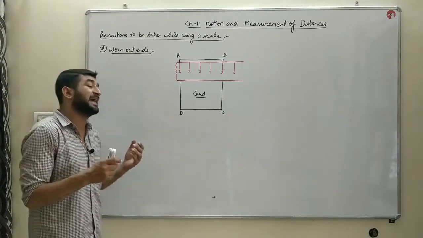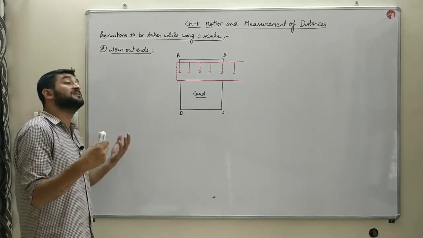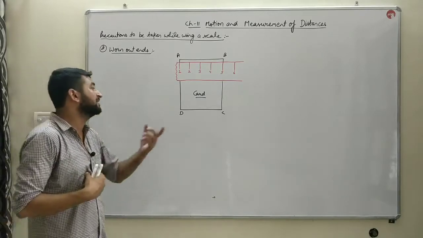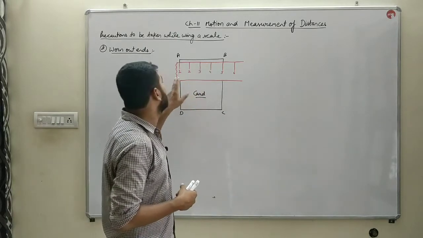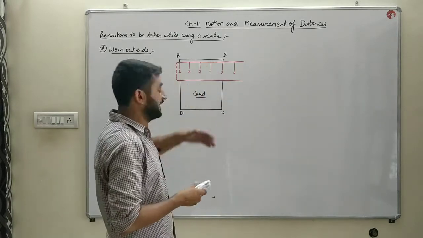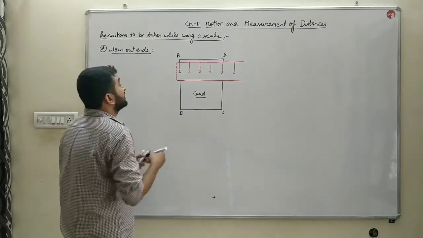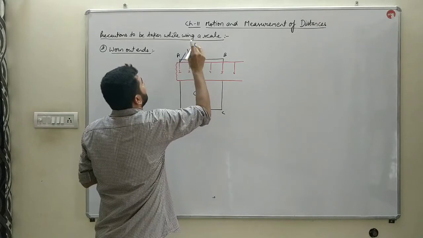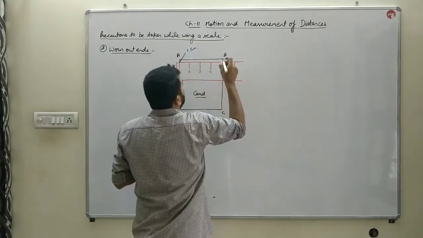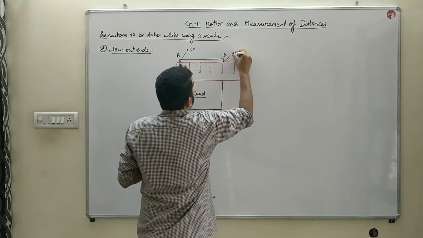So in that case, we have to place another distance at the starting point. For example, in this given figure, we want to measure the length of this card, that is from A to B, and I have a worn out scale with me. The starting point of that scale, which I placed at A, is 1 centimeter, and the end point is 5 centimeters.